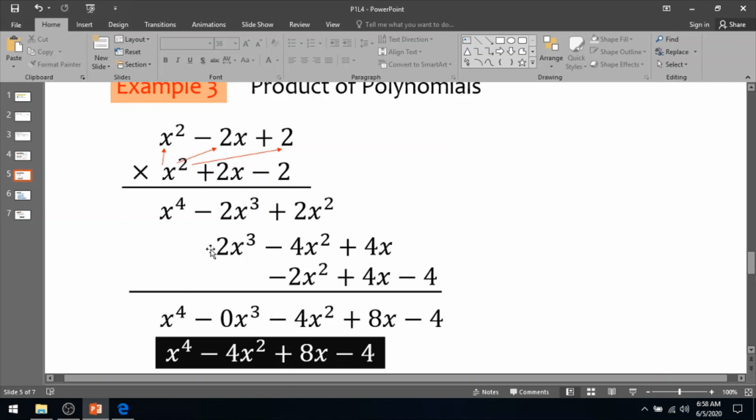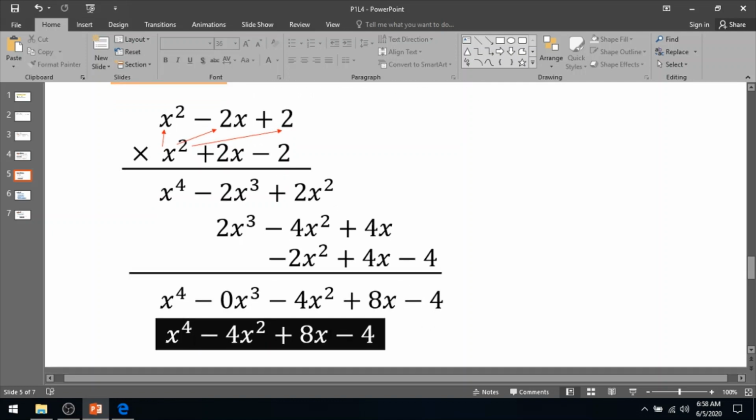Negative 2x cubed plus 2x cubed is 0, x cubed. Positive 2 minus 4 minus 2 is negative 4x squared. And positive 4x plus positive 4x is positive 8x. And bring down negative 4. Therefore, the answer is x to the fourth minus 4x squared plus 8x minus 4.